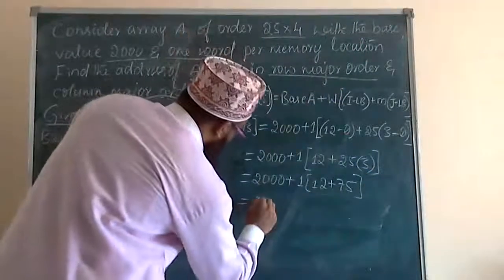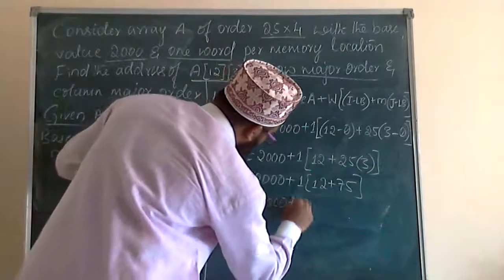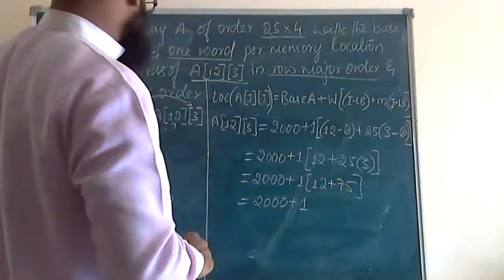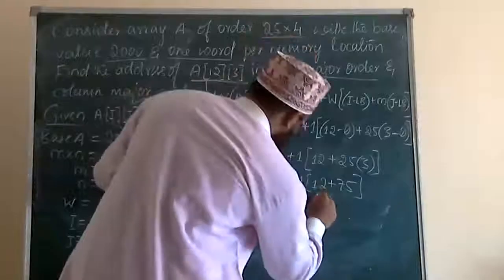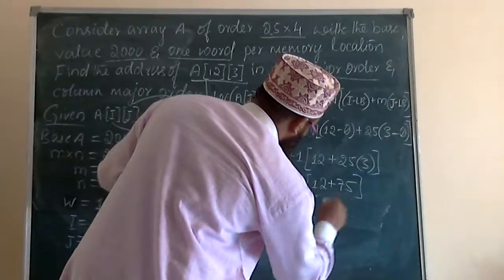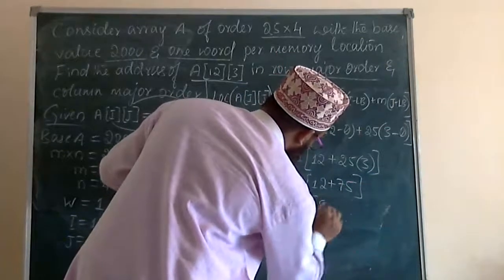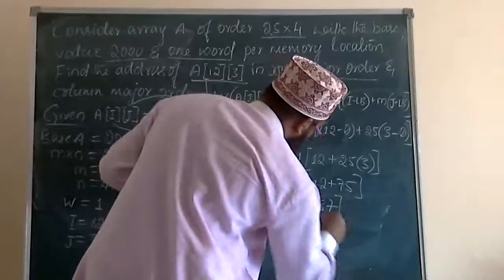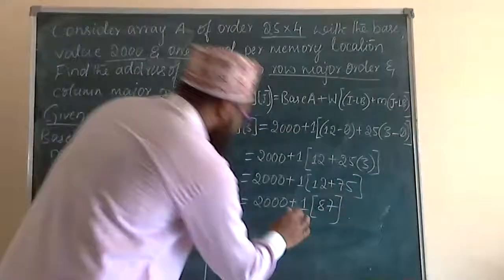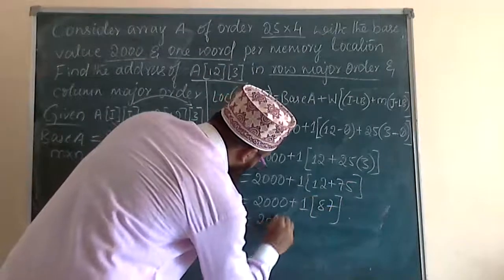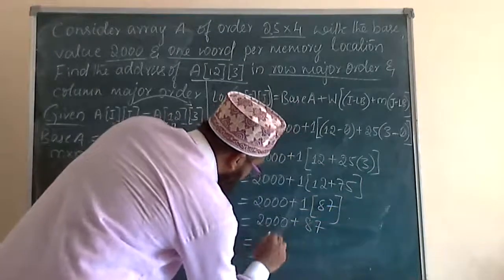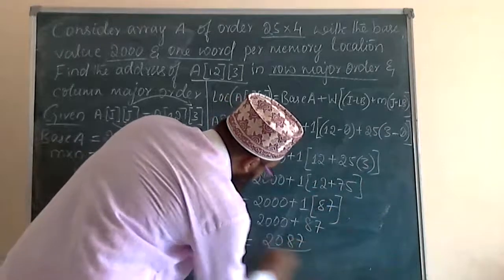Which is equal to 2000 plus 1 into 12 plus 75. 12 plus 75 is 87. So this is equal to 2000 plus 1 into 87, which is 87, so 2000 plus 87 will become 2087.